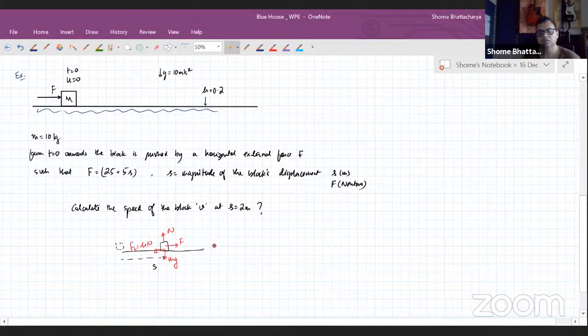Here work done by normal reaction is 0, work done by mg is 0. Work done by F we will calculate by integration F ds, because it's a variable force. It's a variable external force.